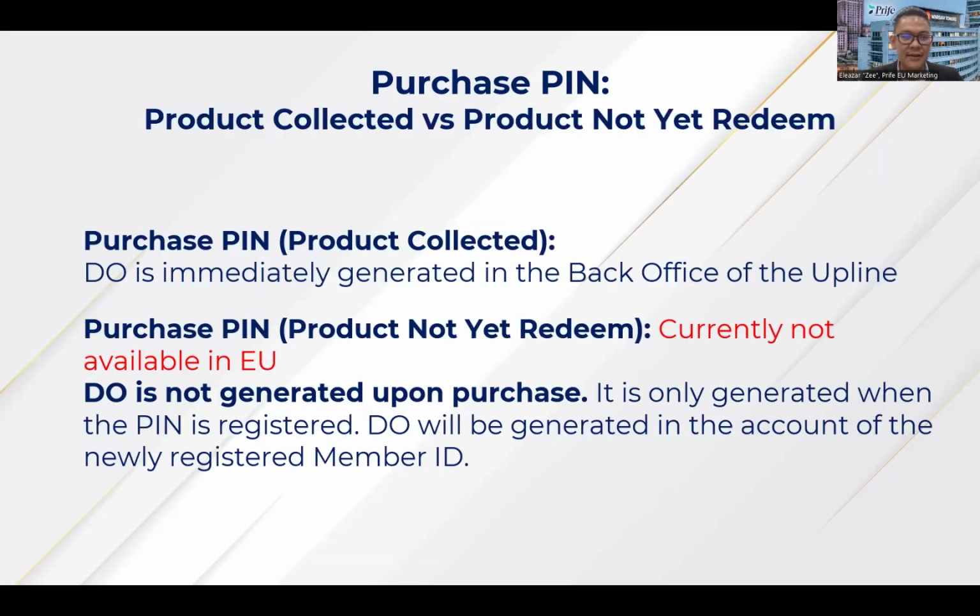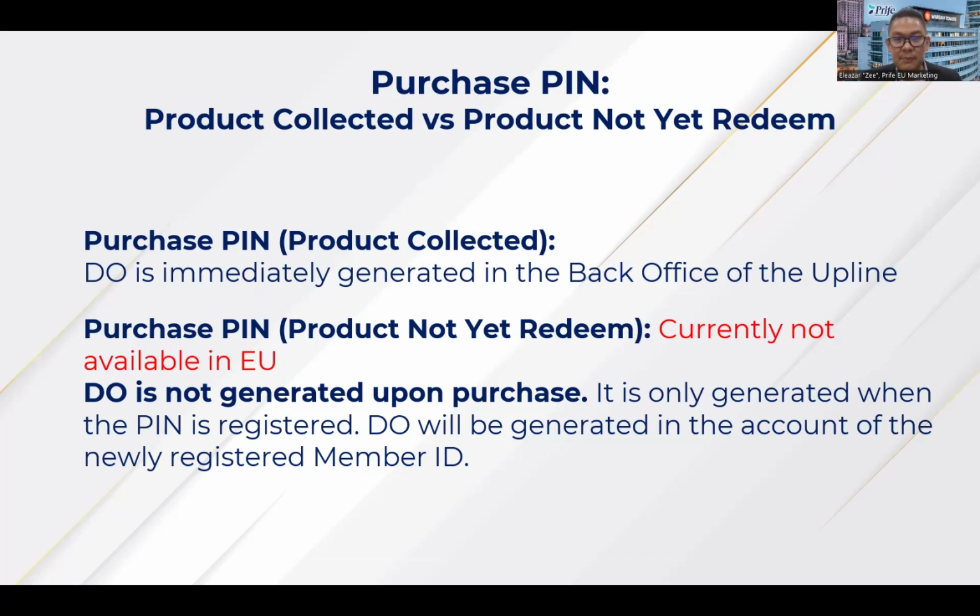With product collected, the DO is immediately generated in the back office of the upline. This is very convenient for those who are not yet ready to register. For example, let's say you have a customer, and she purchased, but you don't know if she wants to become a member.